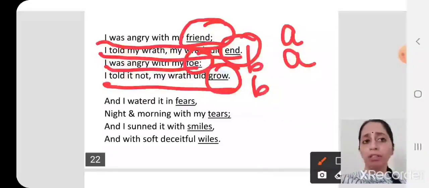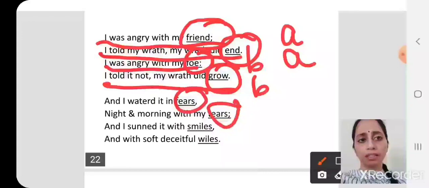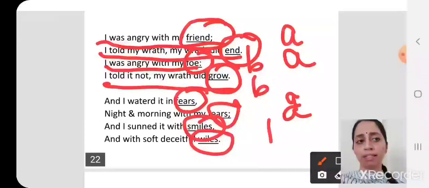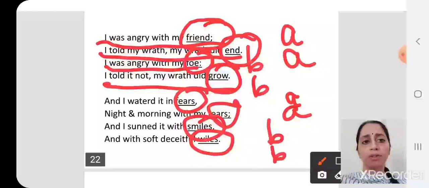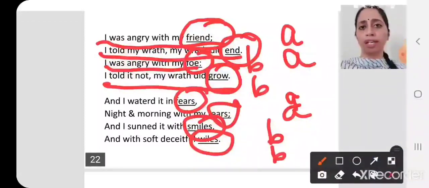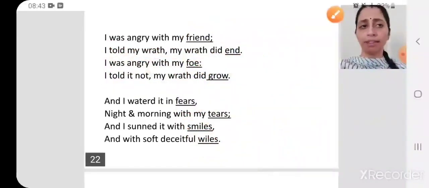And I watered it in fears, night and morning with my tears. Again, fears, tears. It is A, and I sunned it with smiles, with soft deceitful wiles. That makes it B. Clear? So, what is the rhyme scheme of the first two stanzas? It is A, B. Clear?